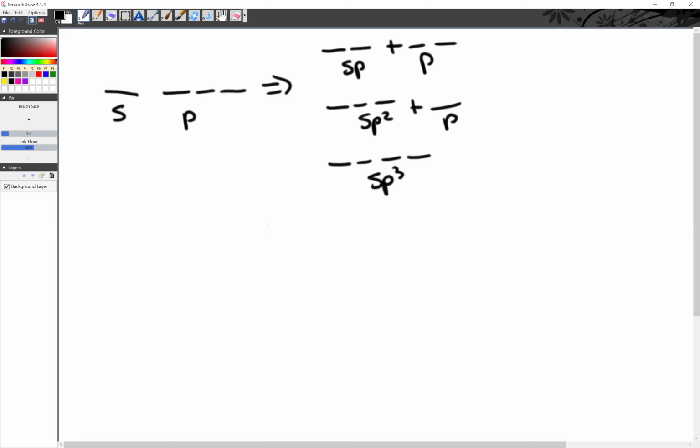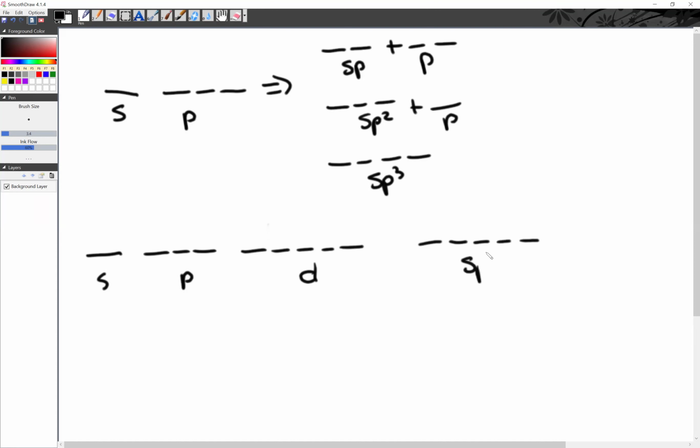Well, what happens if you move into the row 3? Well, you have access to the D's, and this is why expansion can happen. So you have S's, 1, 2, 3 P's, and 1, 2, 3, 4, 5 D's. And remember, you always have to start low before you go high. So you could make 1, 2, 3, 4, 5.